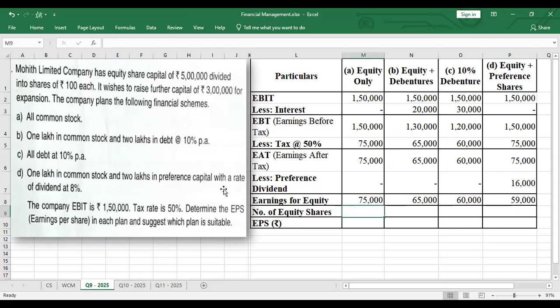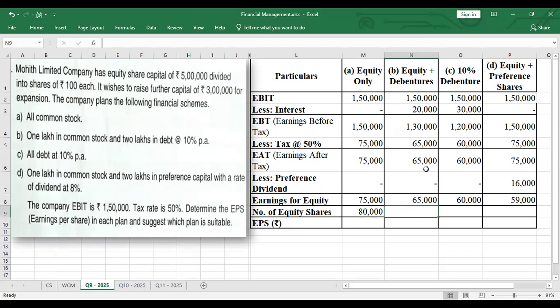Now we have to calculate number of equity shares. First, 5 lakh divided by 100, that is 50,000, plus second, 3 lakh divided by 100, 30,000. If we add, we will get 80,000.